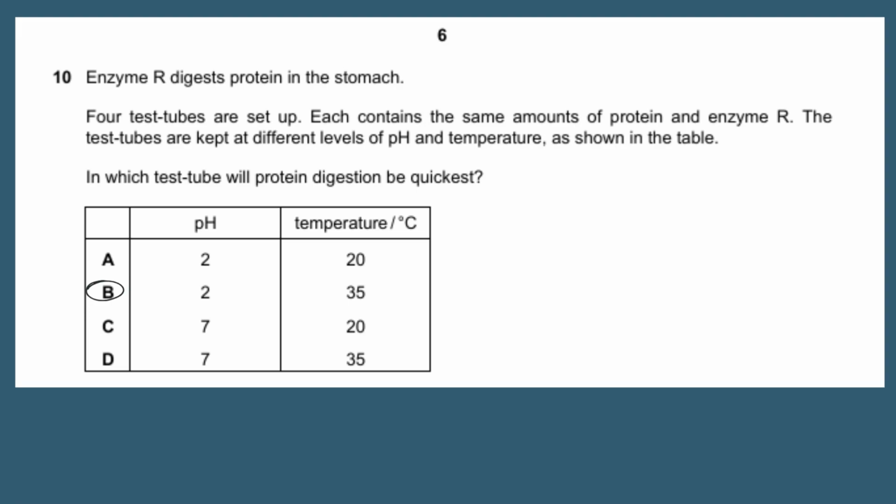The answer is B because 20 is less than 30. Under acidic condition, the temperature should be 35 for an accurate reaction. So the answer is B.